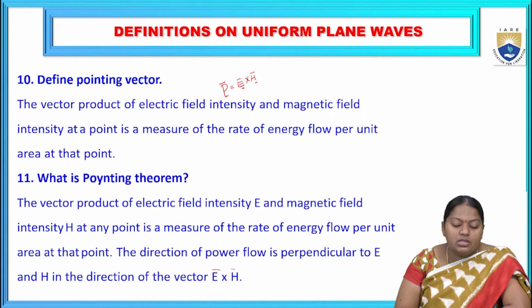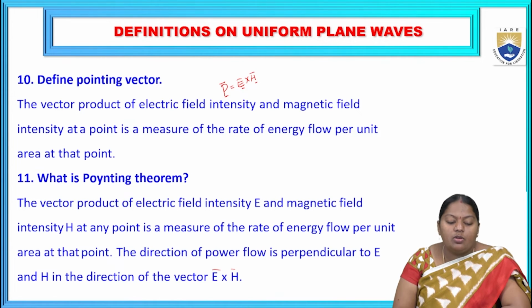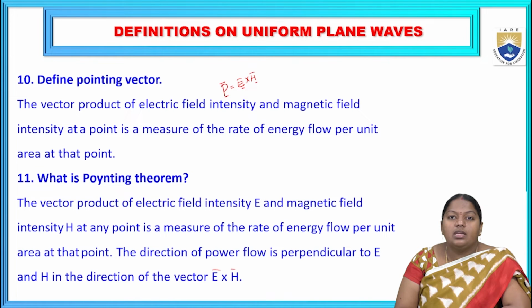To define this Poynting vector and Poynting theorem, we will be considering two vectors called electric field intensity vector E bar and the magnetic field intensity vector H bar. First, we have to consider it is a vector product, given by multiplication of E bar and H bar.